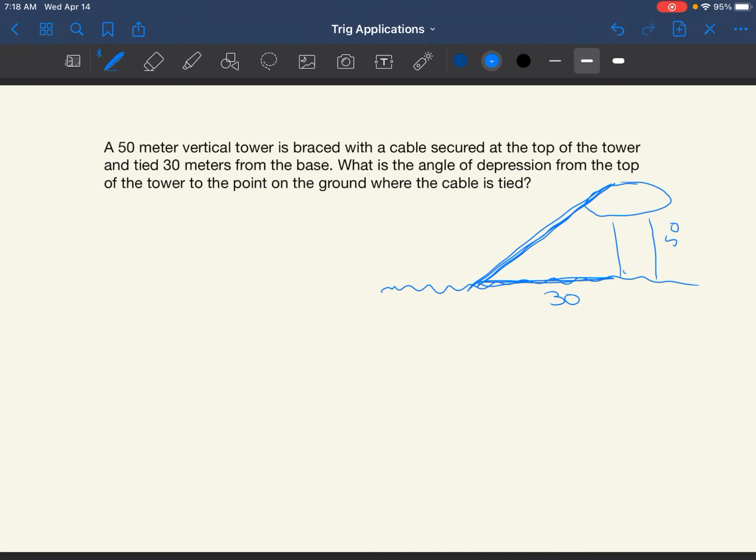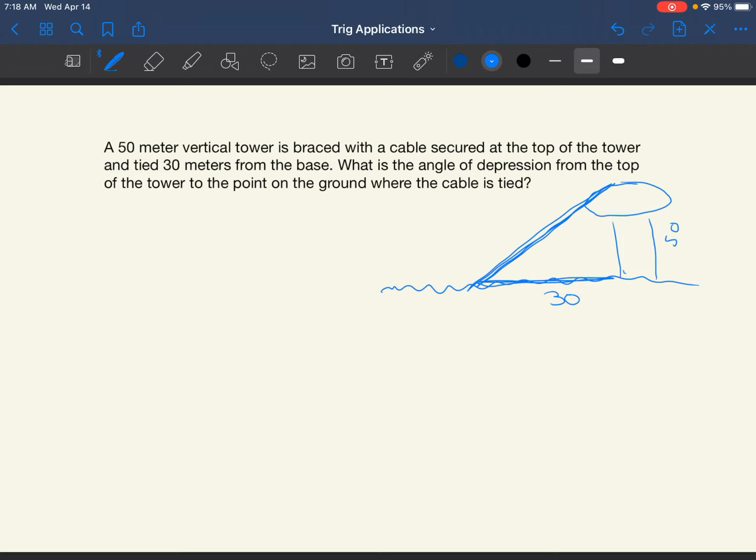What is the angle of depression from the top of the tower to the point on the ground where the cable is tied?